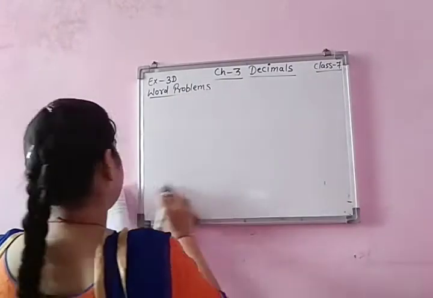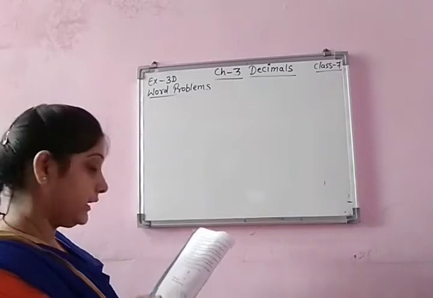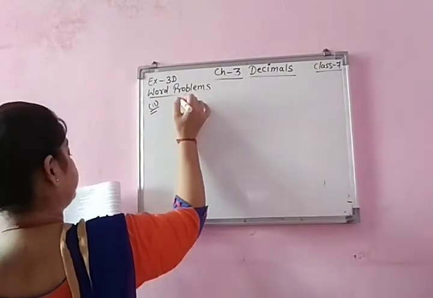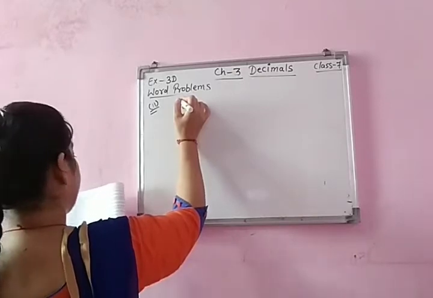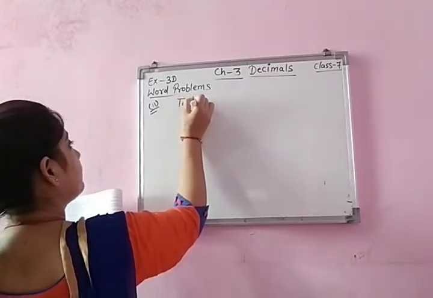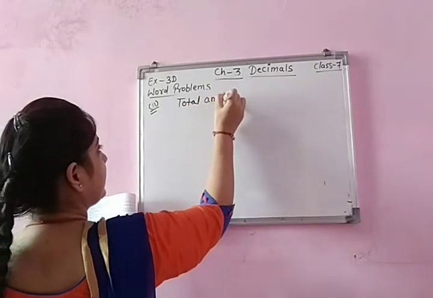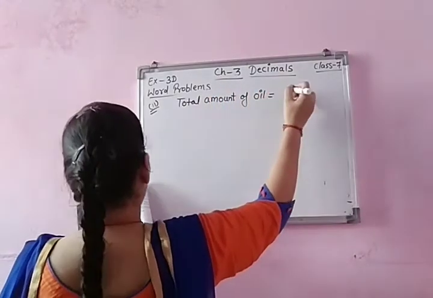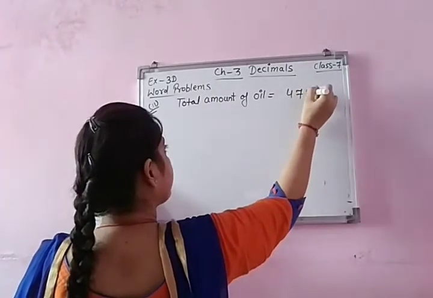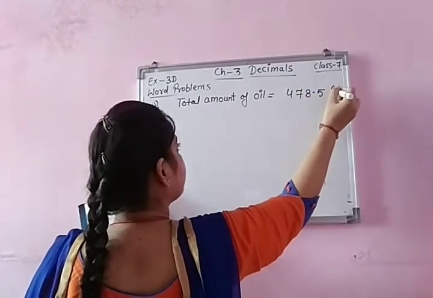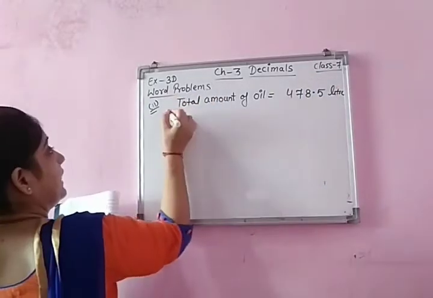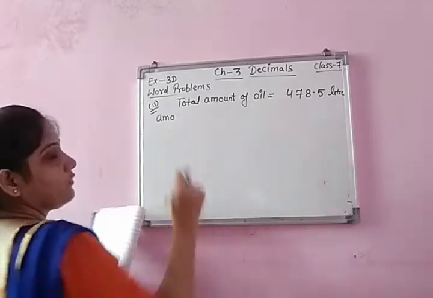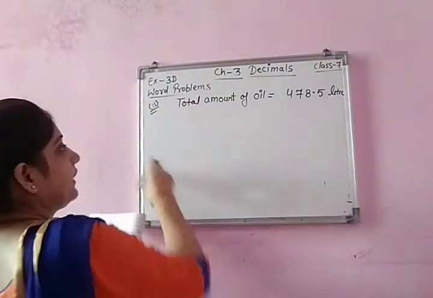Question number 11. Very important. You need to solve very carefully. So can we write total amount of oil. Please see the statement as I am writing. Total amount which we need to contain is 478.5 liter. Okay. Now, amount of oil in 1 tin, or we can write capacity of 1 tin.